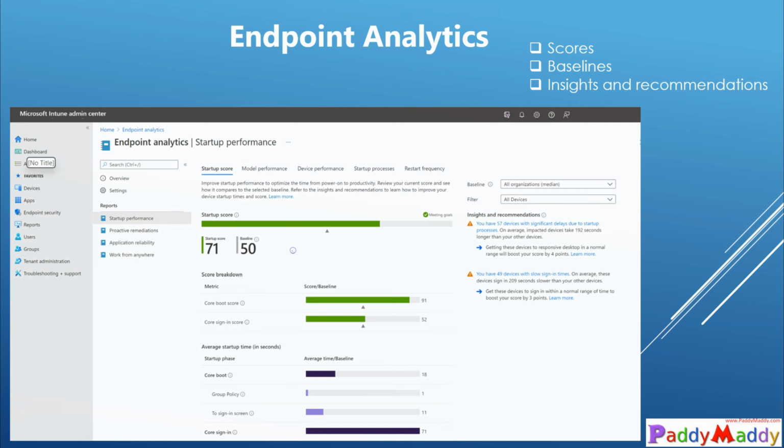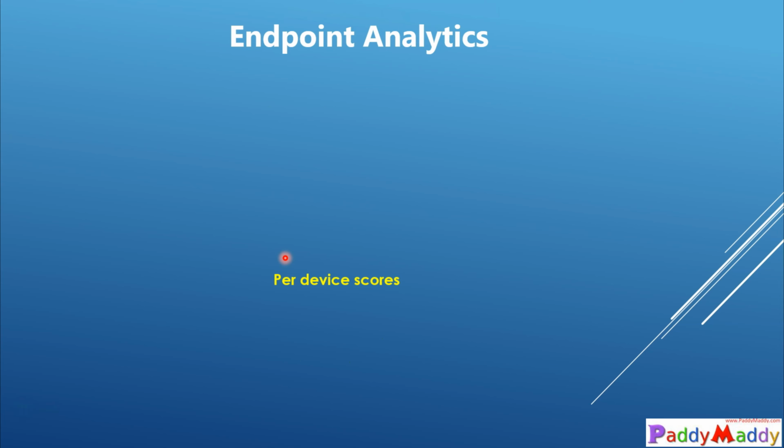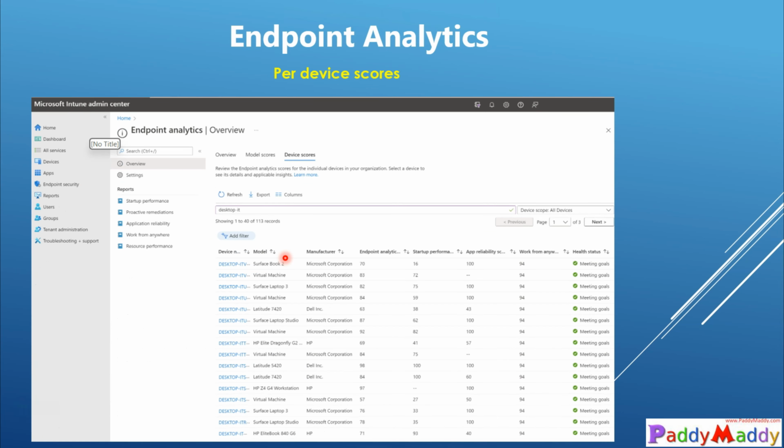Now we can also go to a further level, the device level scoring. You have an option for device level scoring, so every device with its endpoint analytics score, as well as startup performance and application reliability scoring, can be looked into.